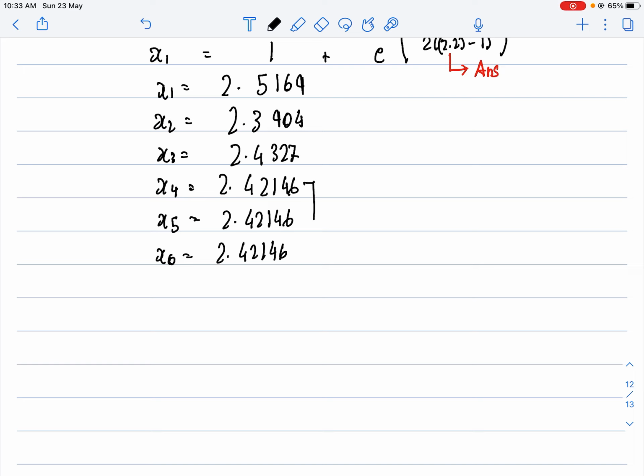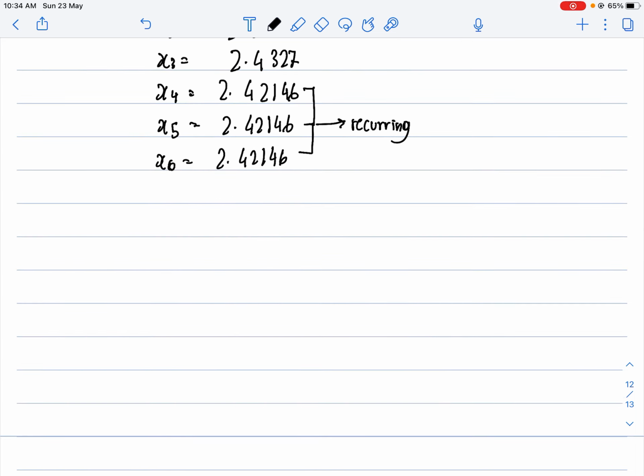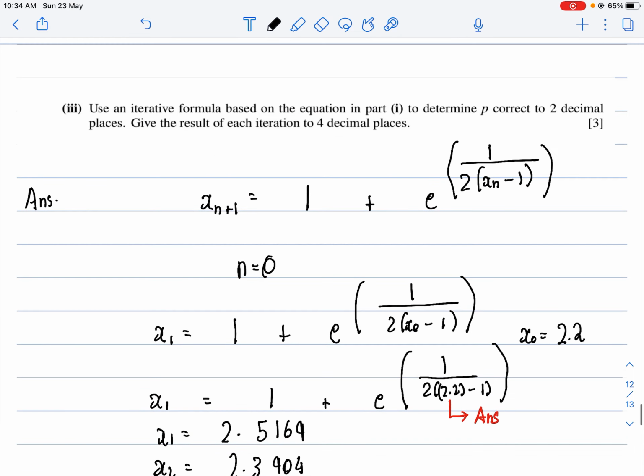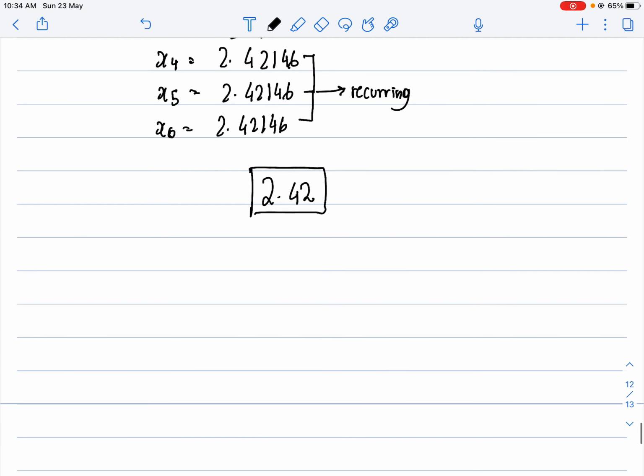Now if you see from the last 3 iterations, my value is recurring. That basically means how many ever times I click on equal to, this is my final answer. So my final answer is 2.42, which I needed to write to 2 decimal places.